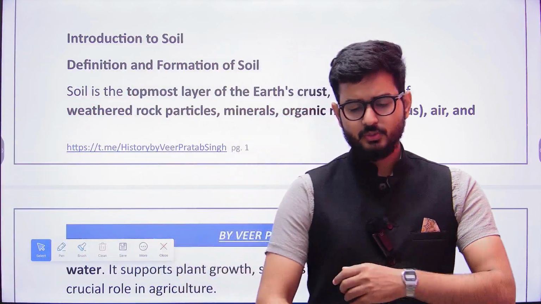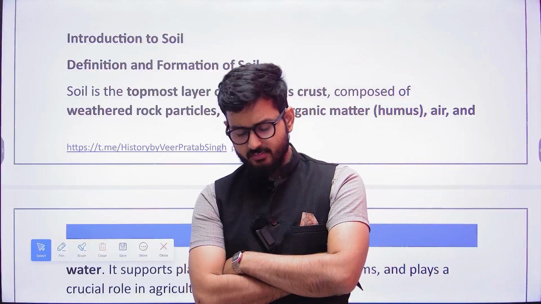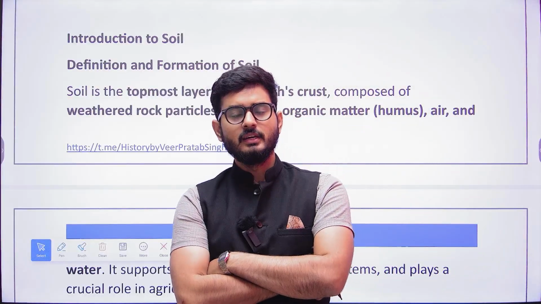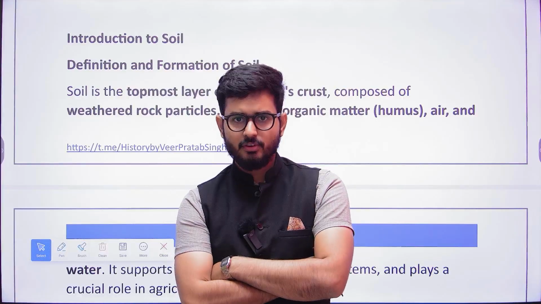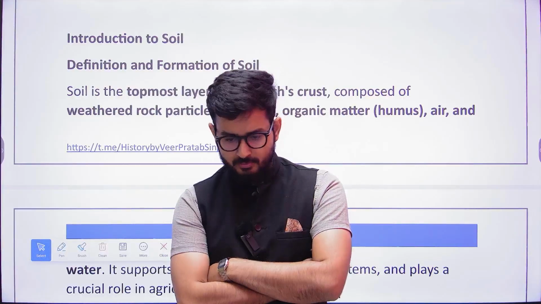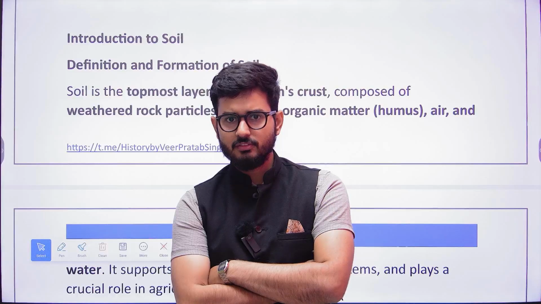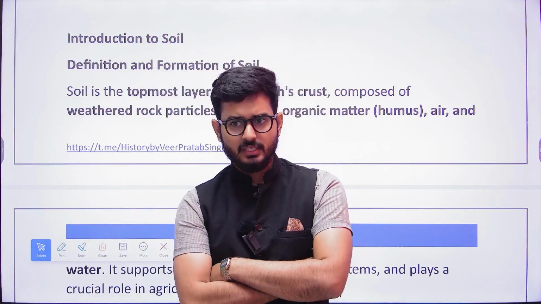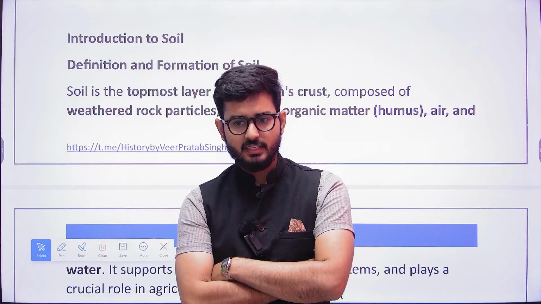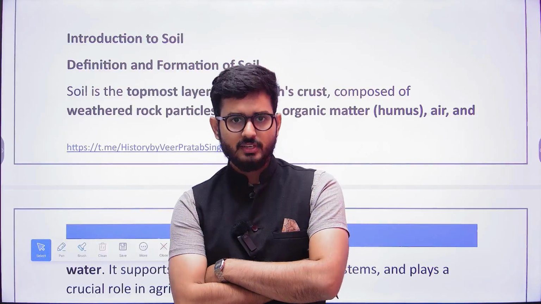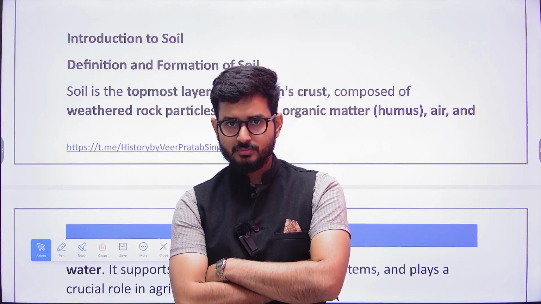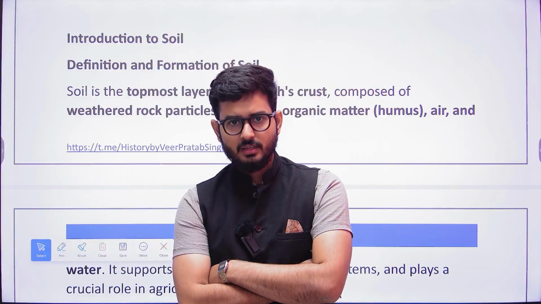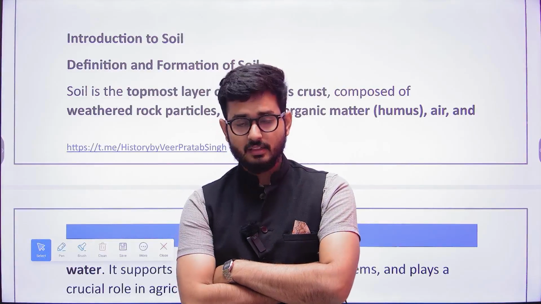Wherever you see soil, it is the basis for the growth of any flora, any natural vegetation. Some soils are fertile in nature, which leads to a lot of productivity, but some soils are not that fertile, and nothing can be grown on them.